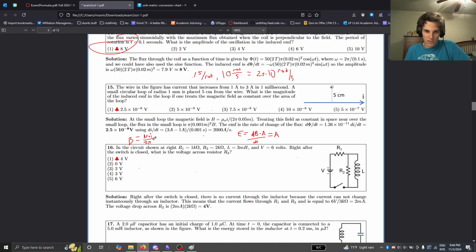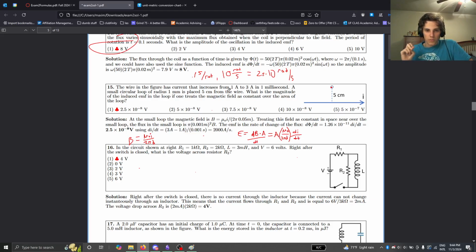This r is actually the distance, just so it doesn't get confusing, because there is a radius here. I'll just write out mu naught over 2 pi d, because I is the actual thing, dI/dt, that matters.